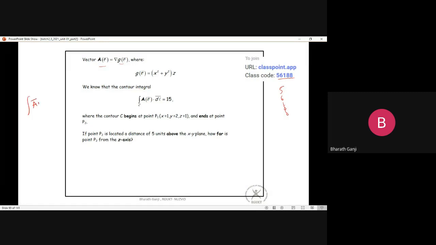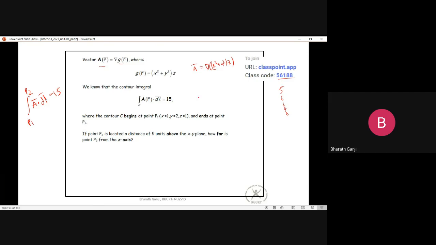This vector field is integrated on a path from point p1 to p2, and he got an answer of 15. So when he integrated the vector A bar, which is nothing but the gradient of x square plus y square times z, from point p1 to p2, he got an answer of 15.